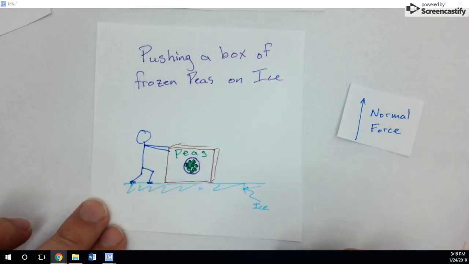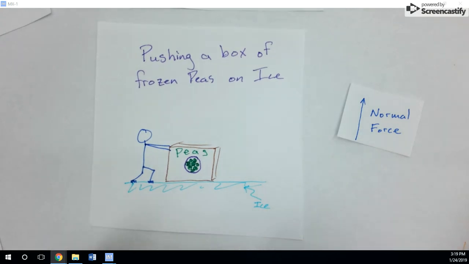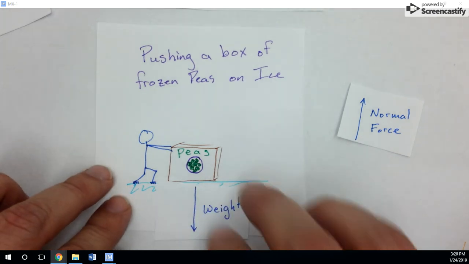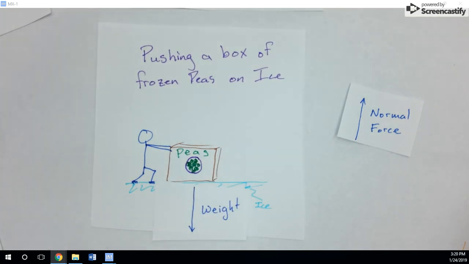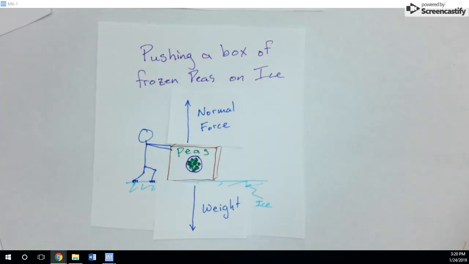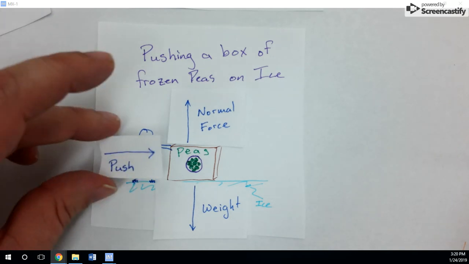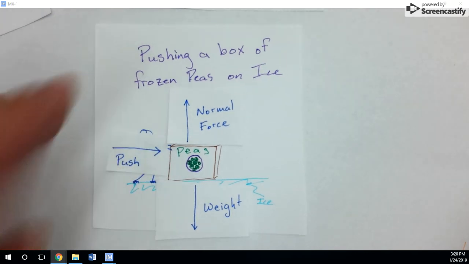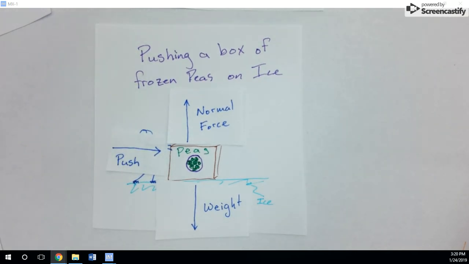So our box of peas has a weight, and if we have anything, it's probably going to have a weight force. And then we're going to have a normal force because it's on the ice, and that normal force will point up. And then because we're pushing it, we need to have a pushing force. So we can put a pushing force on it like that.